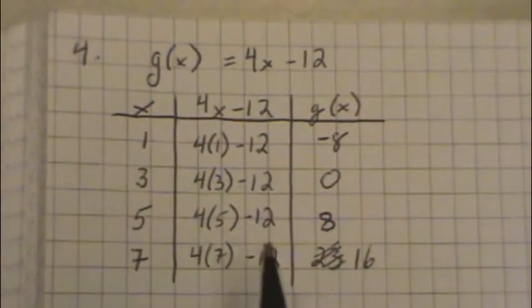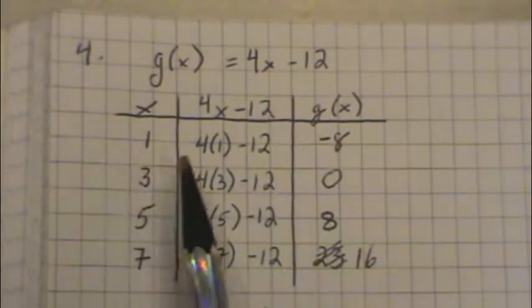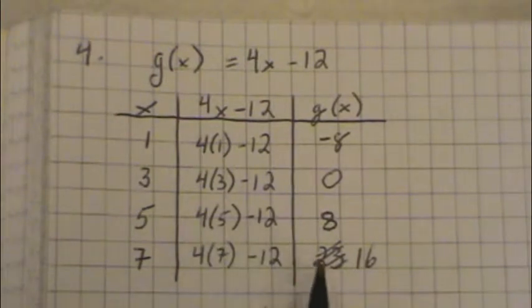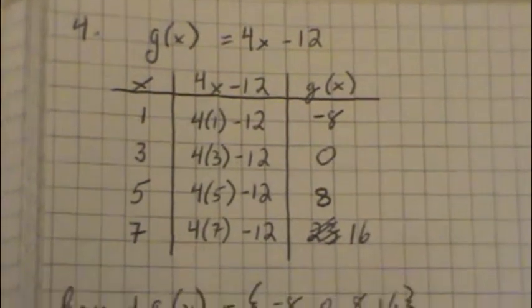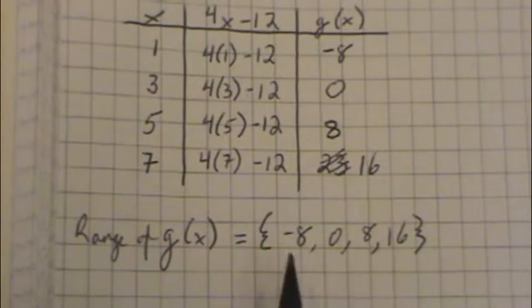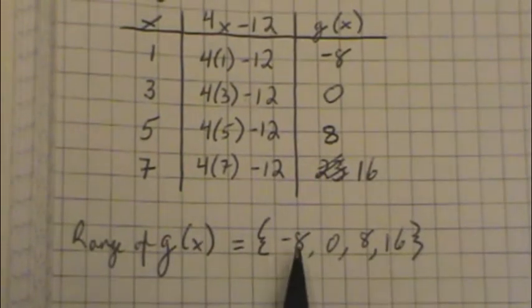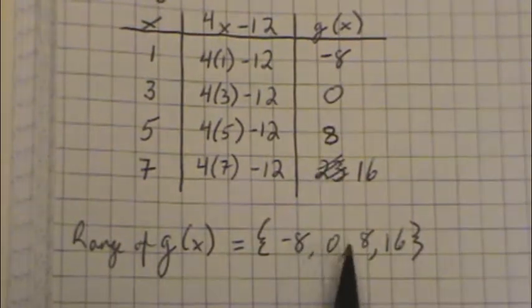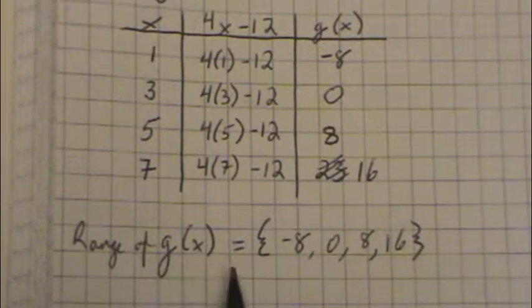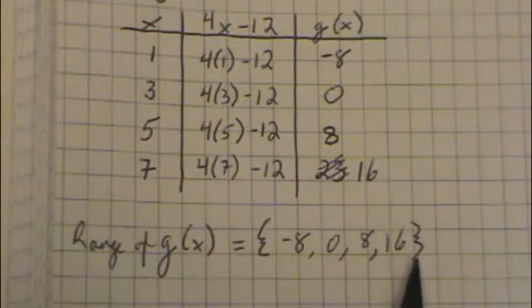So your chart should look very much like this. Check this with yours. Make sure you didn't make any silly math mistakes like I did. And your final answer says, in set notation, these numbers, okay, the range of g of x is that. All done.